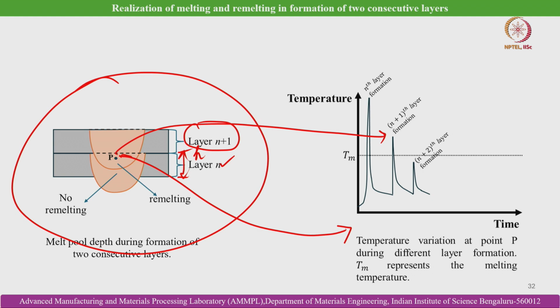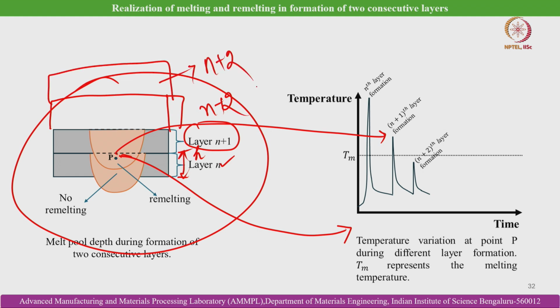However, when the subsequent layers get deposited on top of these two layers, like the n plus 2 layer or n plus 3 layer, the temperature of course rises from the room temperature, but it does not cross the melting temperature. That means no further remelting happens.